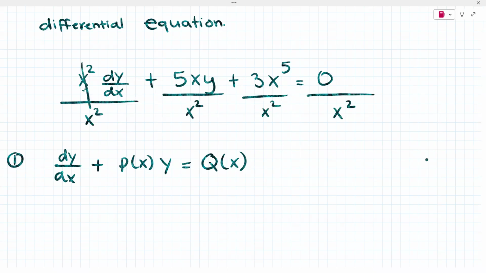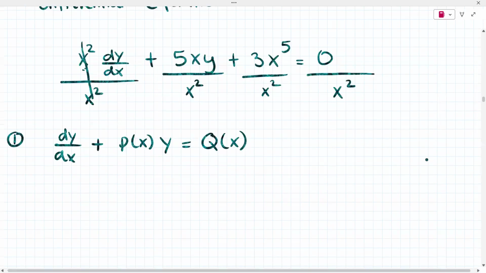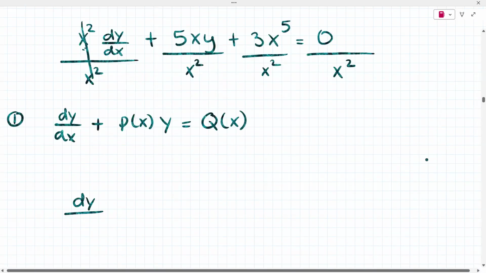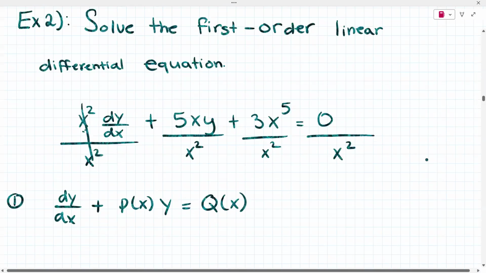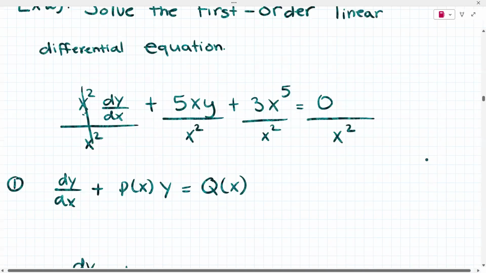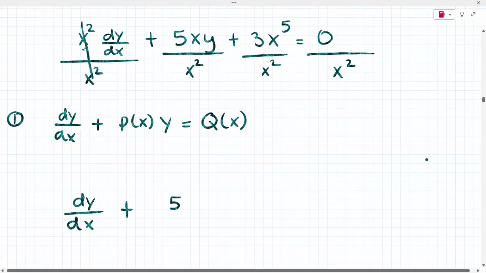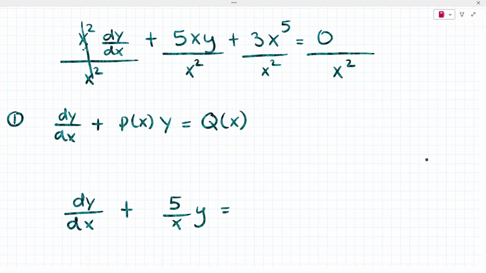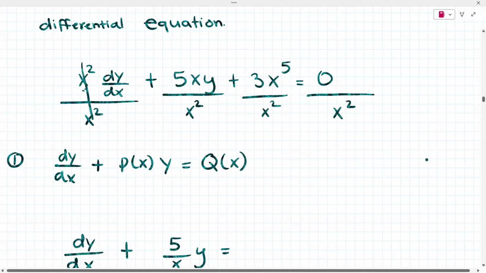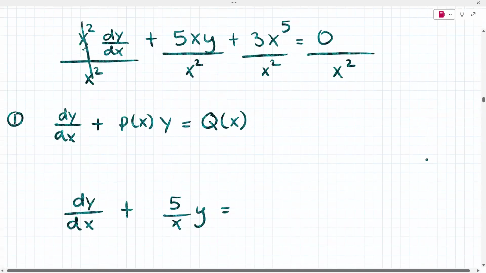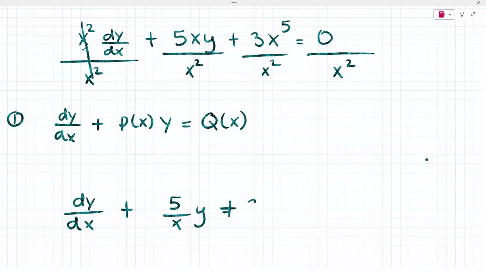Okay, so this cancels, and then you're left with dy/dx plus, over here the x cancels, and you have 5xy over x, so that's just going to be 5y. Oops. And let's simplify this: 3x^5 over x squared, that's 3x cubed. And then on the right, still 0.